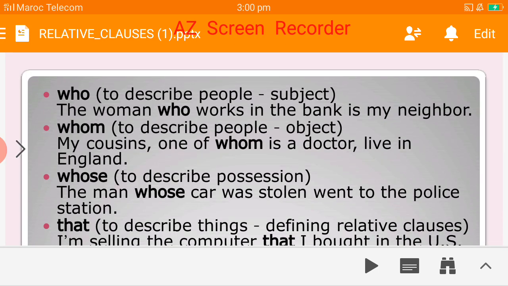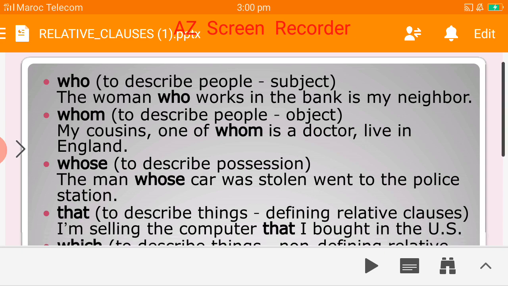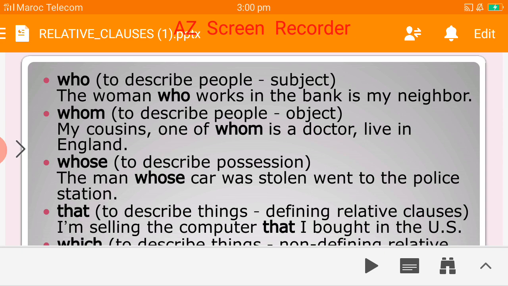So let me give you a list of the WH words or relative pronouns that I'm talking about. The first one is who. We use it to describe people, and it is used as a subject. The example given here is: the woman who works in the bank is my neighbor.